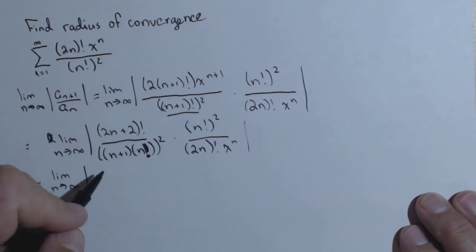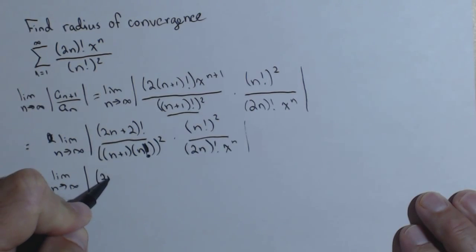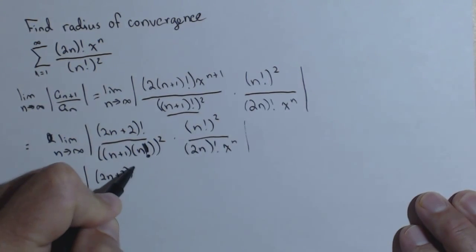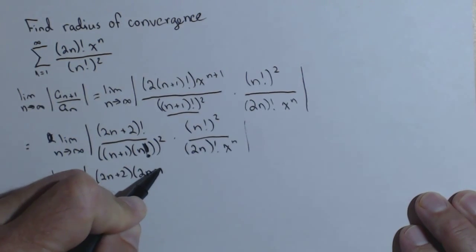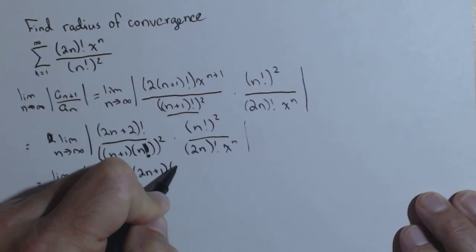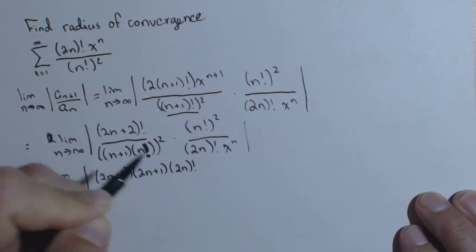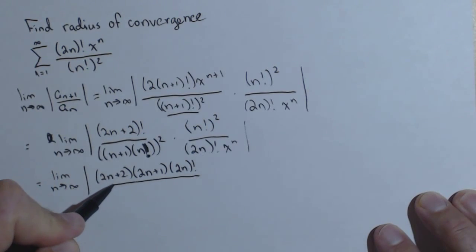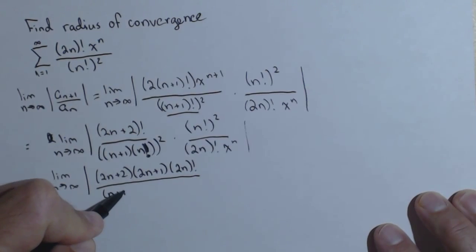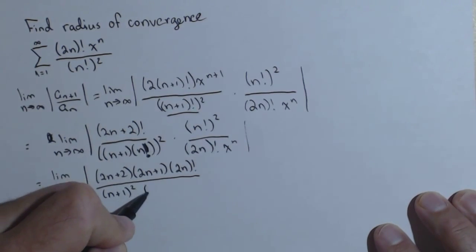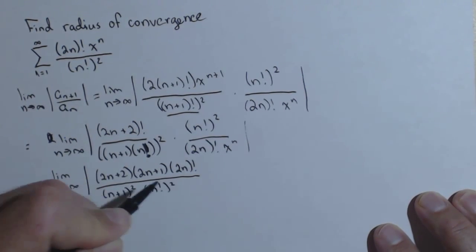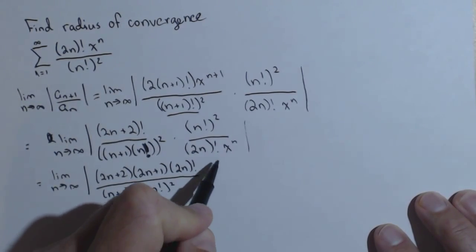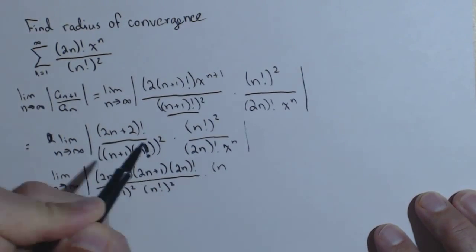So 2n plus 2 factorial is 2n plus 2 times 2n plus 1 times 2n factorial. Now we see that our cancel there. Here I'm going to distribute the square. So I have an n plus 1 squared and an n factorial squared. And we see another cancel.